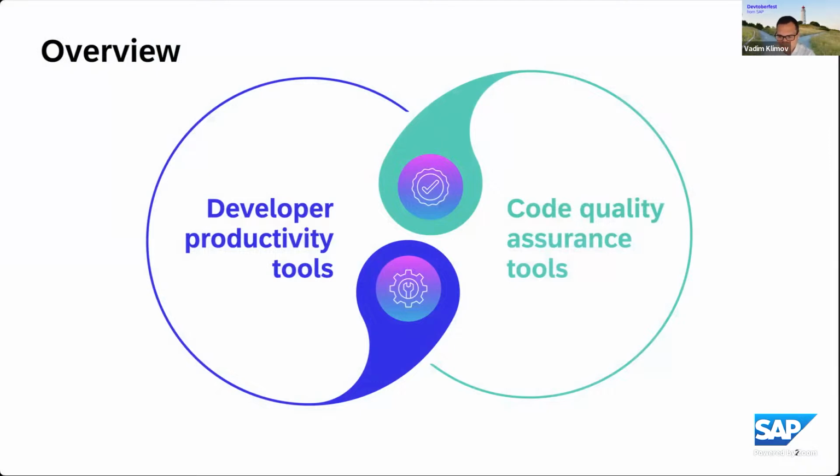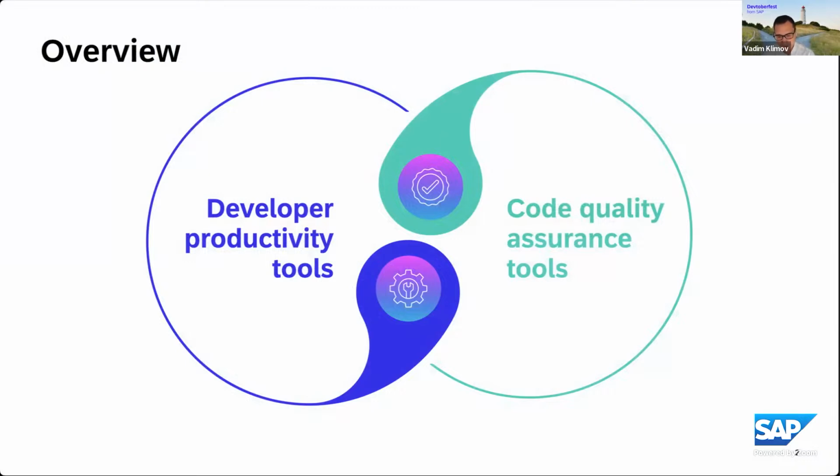But we also have code quality assurance tools that run formal checks and some scripts to validate certain aspects of the script, or to place it at runtime and test it at runtime. So quite commonly, we will see that these two areas coexist very nicely and they interact with each other.